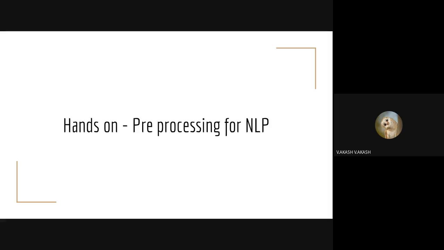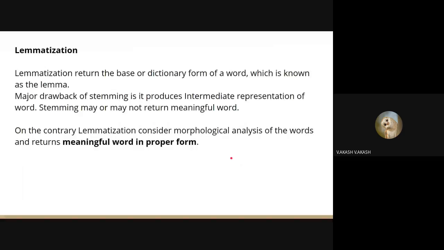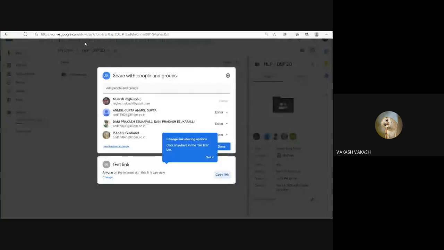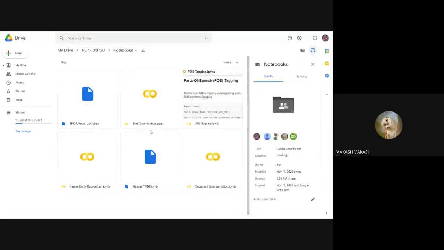Okay, so what's the difference between tokenization and lemmatization? In tokenization, you take a paragraph and try to split it into tokens. Tokens can be anything. They don't need to be the root word.